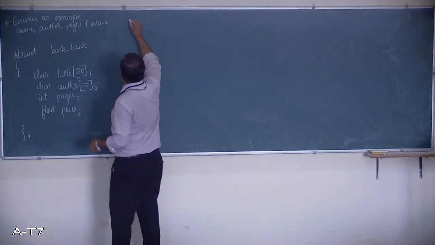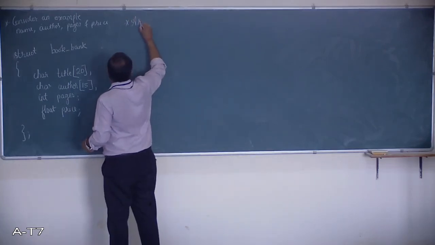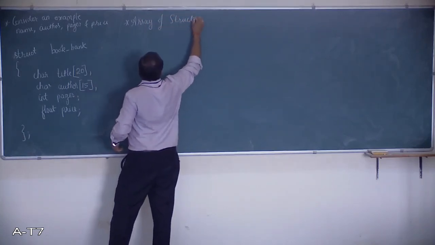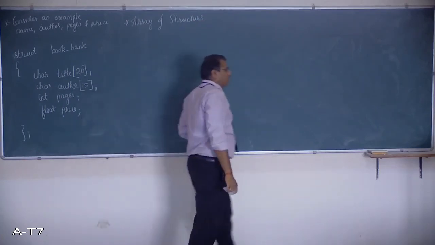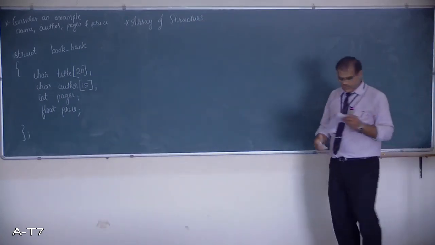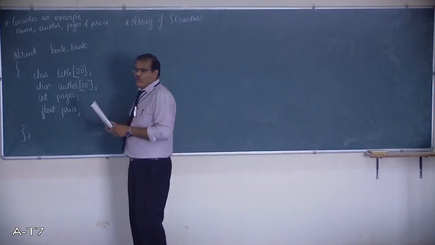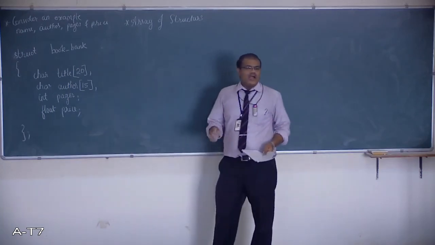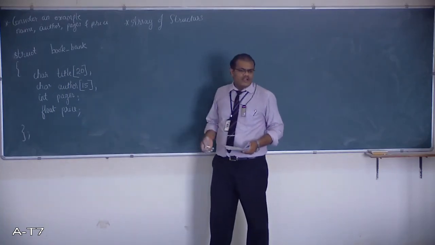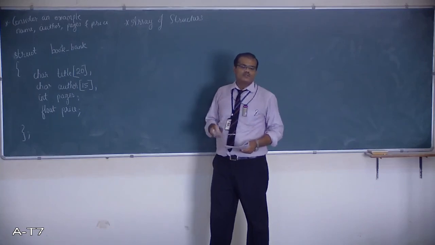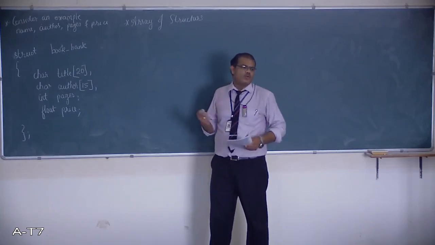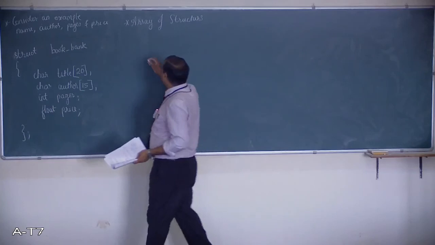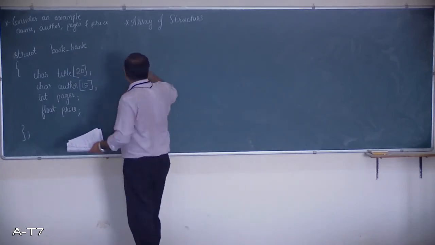So the last topic is array of structures. Why do we require an array of structures? For example, I have 1000 bank customers. Should I have 1000 variables, customer 1, customer 2, customer 3, and so on? Instead of that, I will use this method. So for book, I will write the structure here.